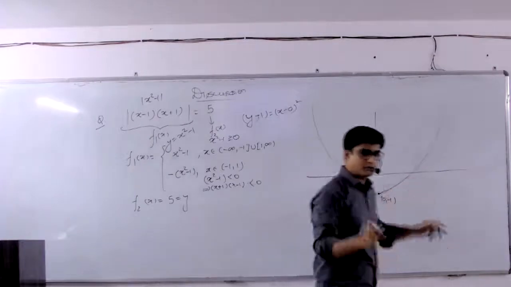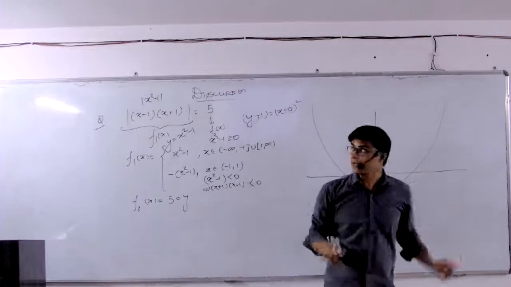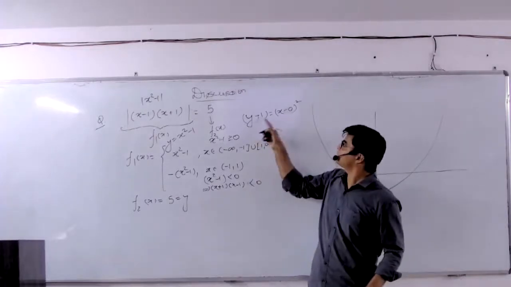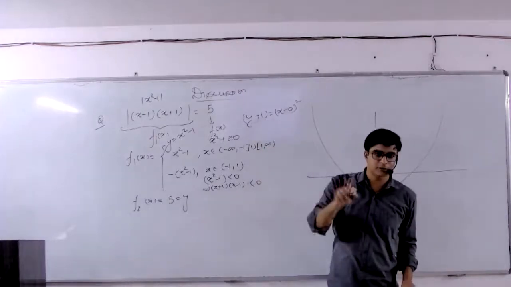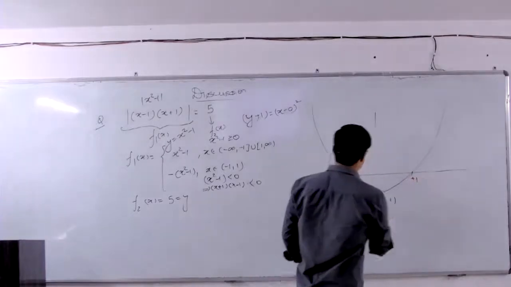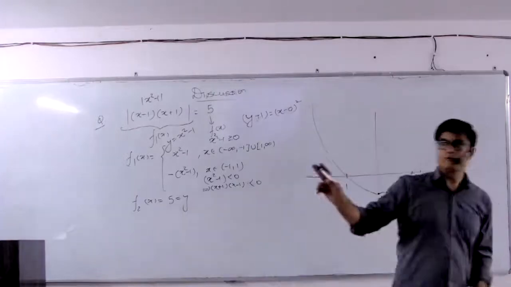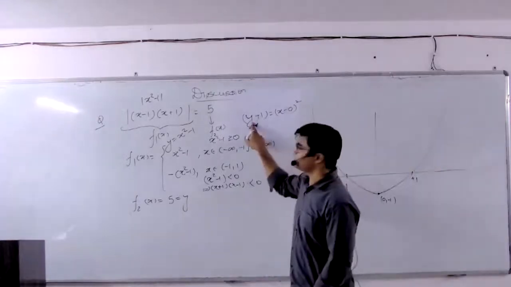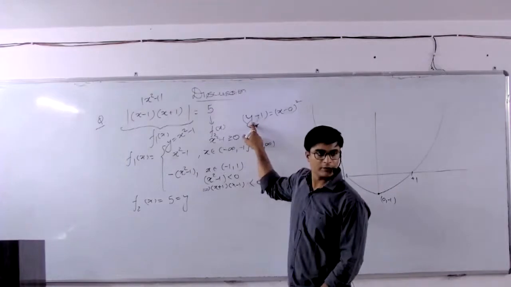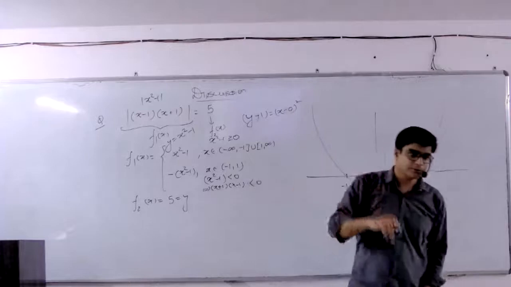If you see, when y is 0, then x square equals 1, so x equals plus minus 1. This is your plus 1 and this is your minus 1.